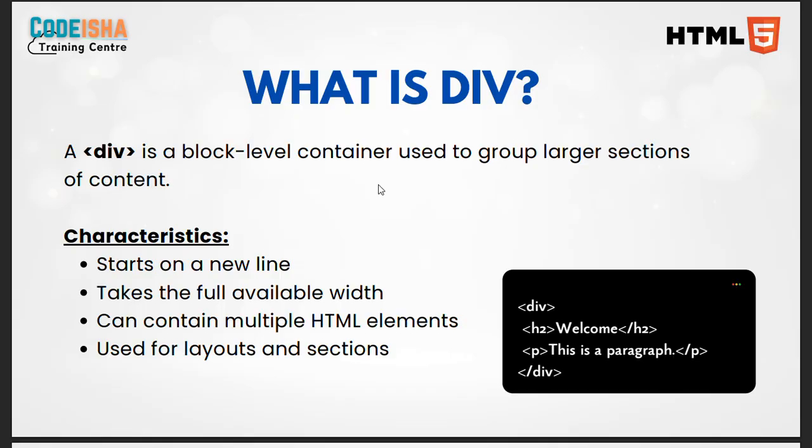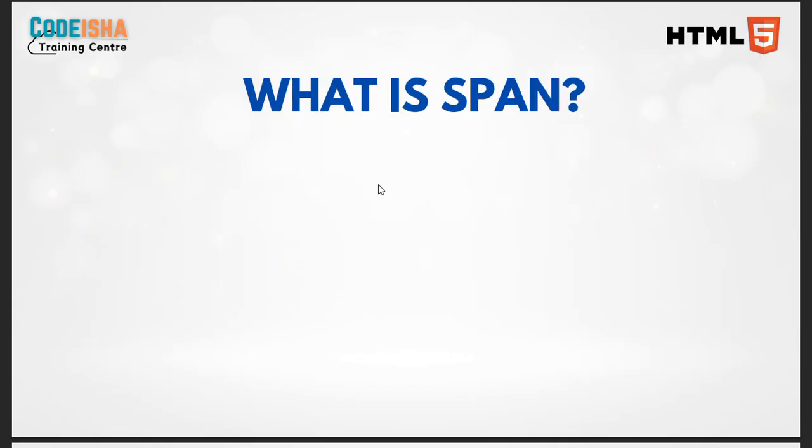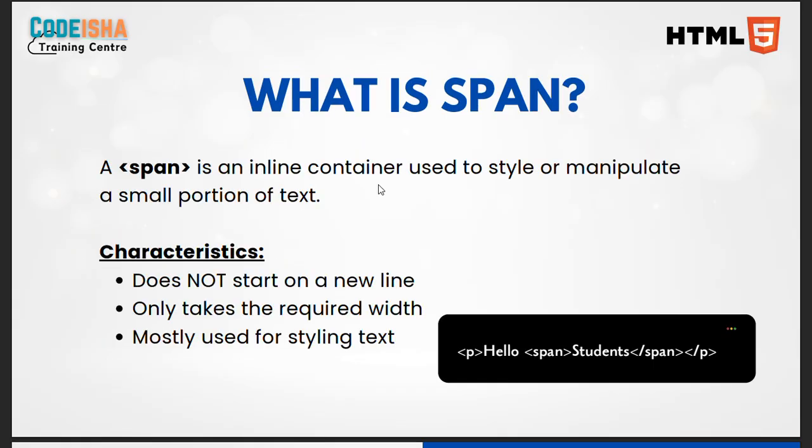Coming to the span. A span is an inline container used to style or manipulate a small portion of the text. For example, we have the text "allow students", and for specific students I need a span.